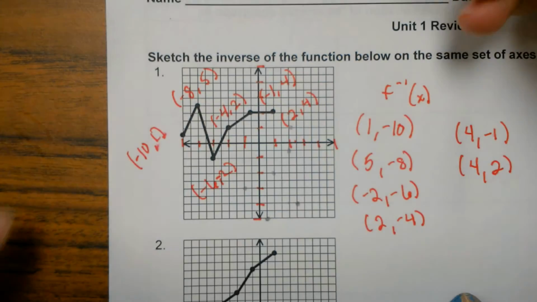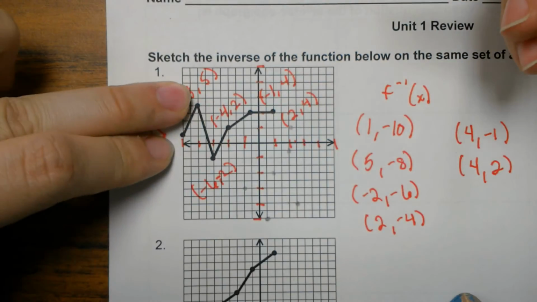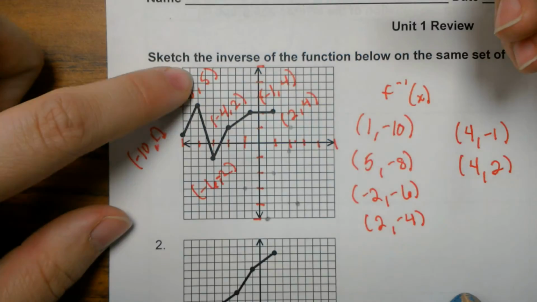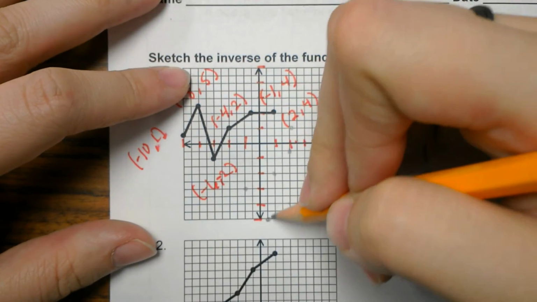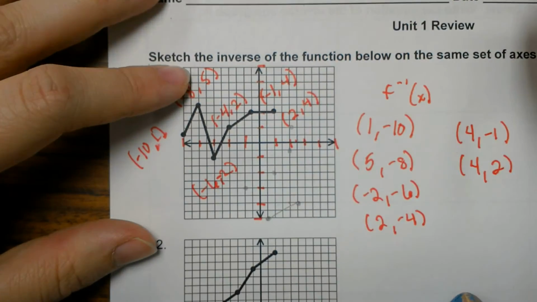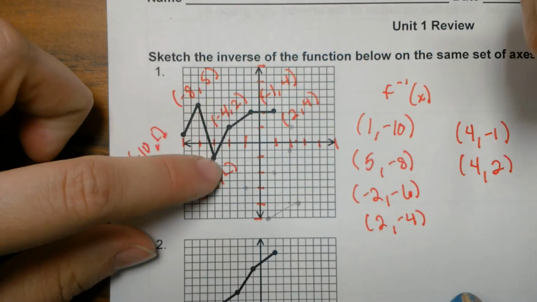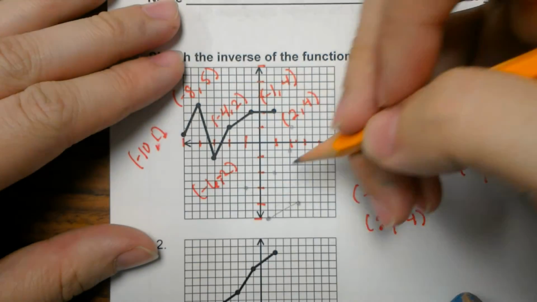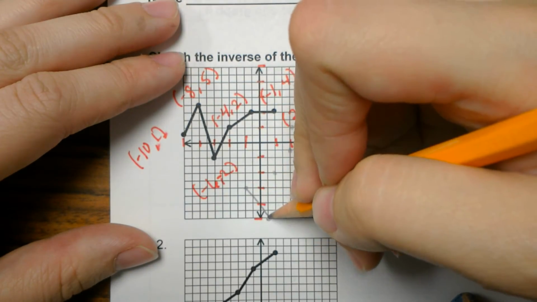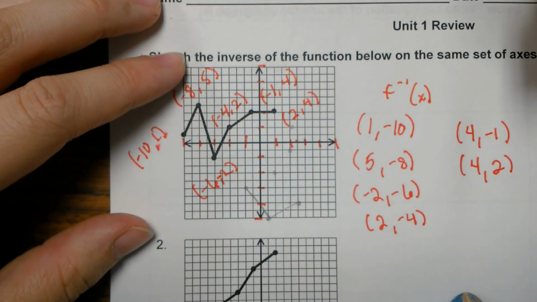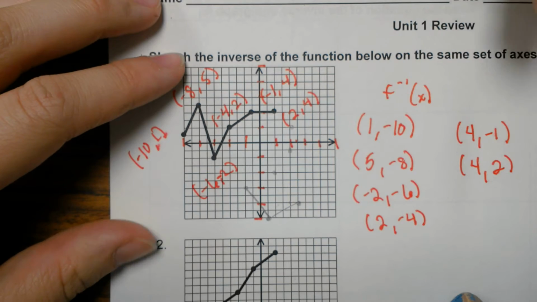So I'm going to connect my dots. -10 went to -8, so I need to connect it like that. Then it went to -6. I did that wrong.